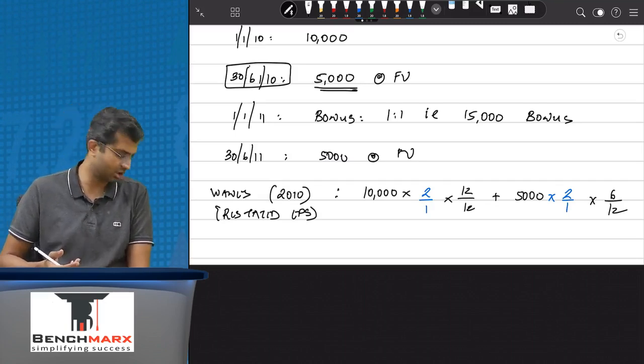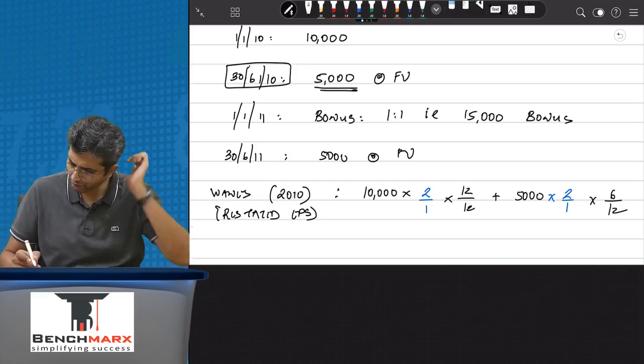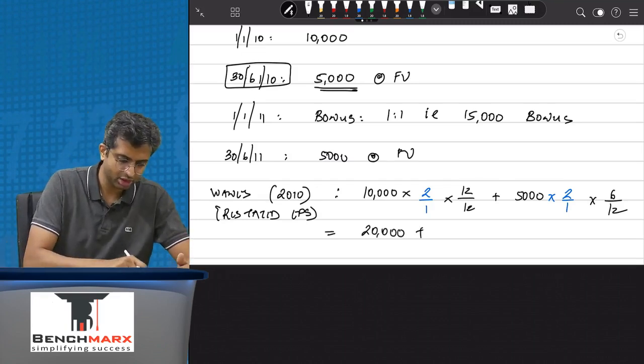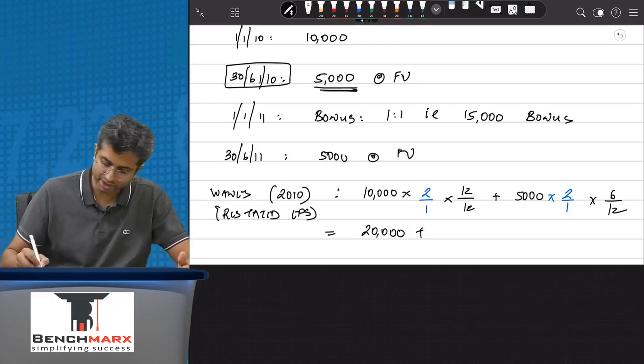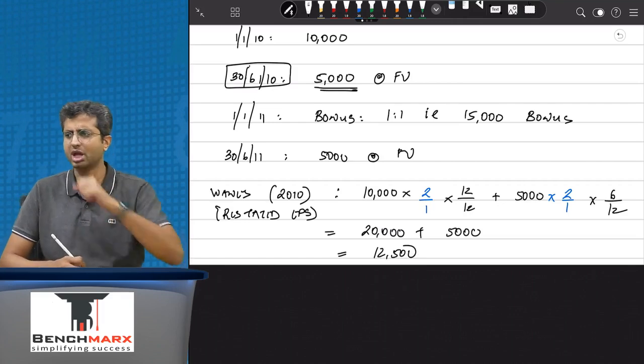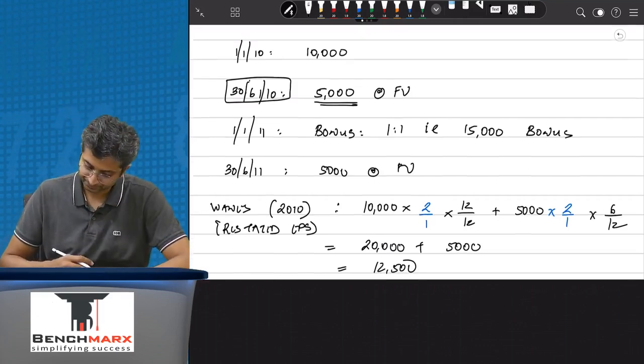And as a result, over here, you will have 20,000 into 12/12 plus 5,000 into 2 into 6/12, which comes to 5,000. And hence, your weighted average number of shares, and we'll do this in a sum as well, will be 12,500.